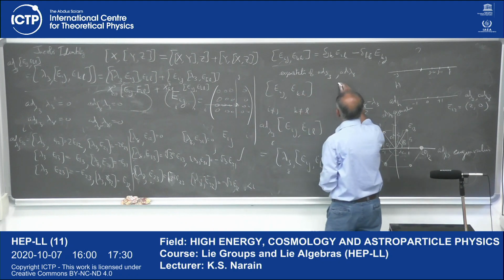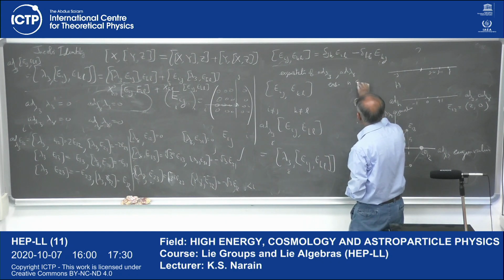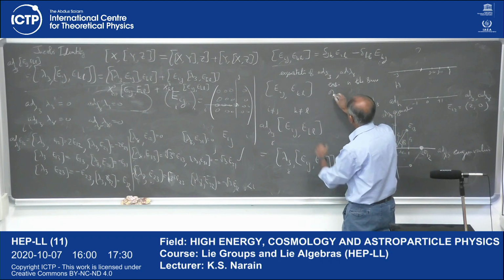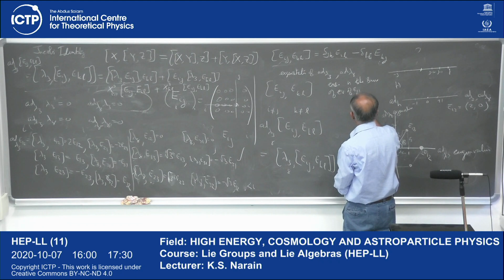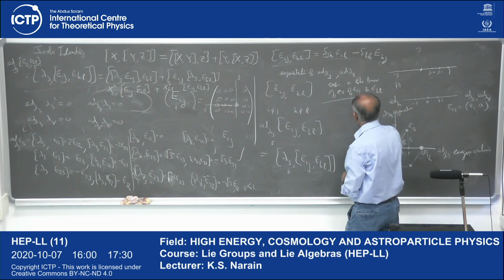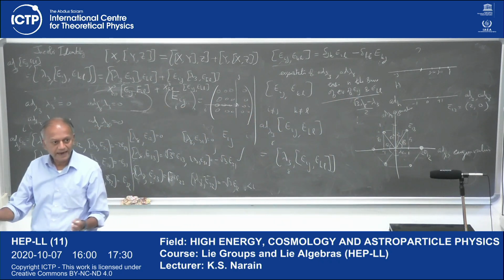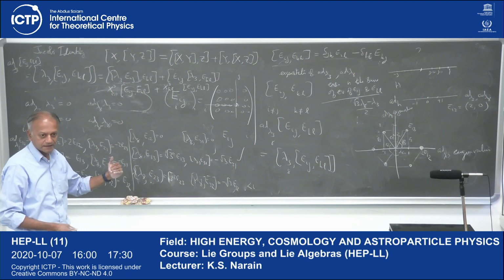So the eigenvalue is the sum of the eigenvalue of Eij and Ekl. So it's additive. You just add. Eigenvalues you just add up. Okay? And that happens both for lambda 3 and lambda 8.